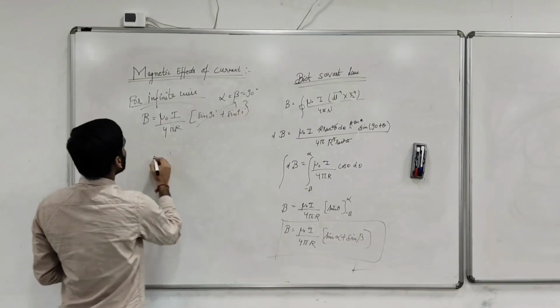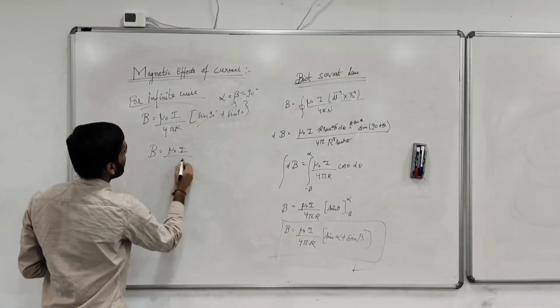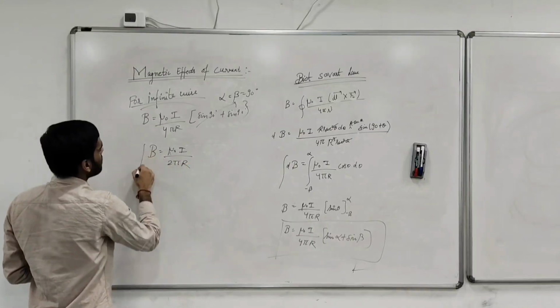This is simply 2. So the magnetic field by an infinite wire turns out to be mu naught I by 2 pi r.